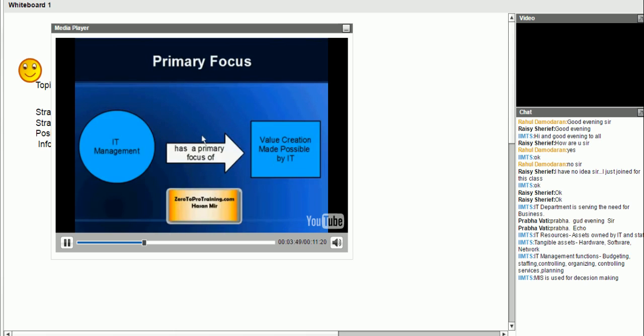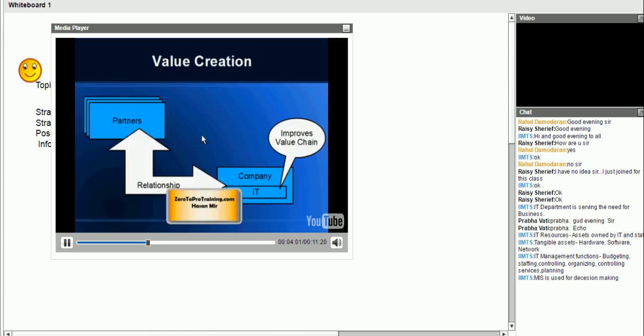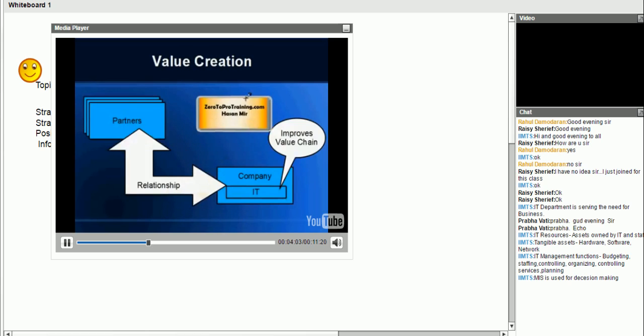Keep in mind that in an ideal world, the primary focus of the IT management field is to make value creation possible in a company. So what is value creation? Value creation is a result of the company establishing relationships with the external environment. What does IT have to do with that?